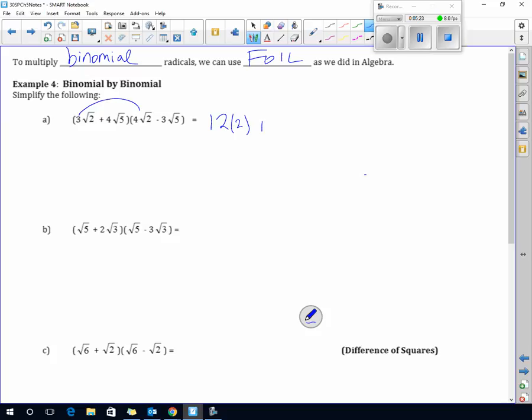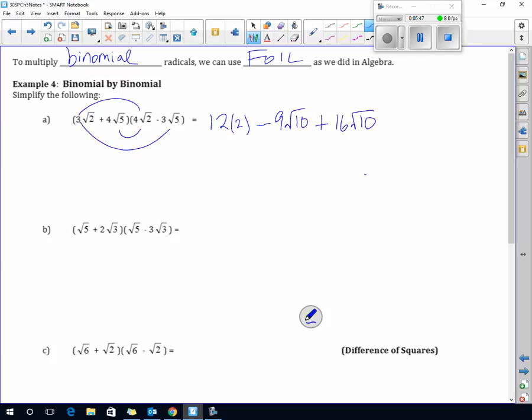Outer is minus 9 root 10. Inner, you get plus 16 root 10. And then last, you get minus 12 times 5. So then you get 24.